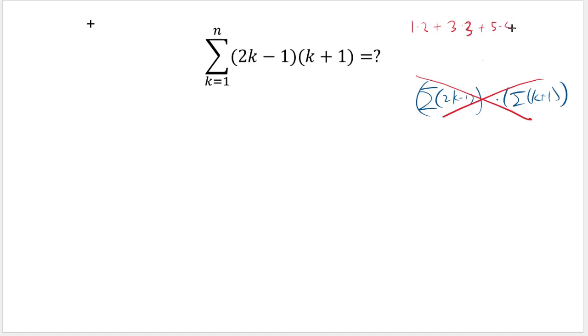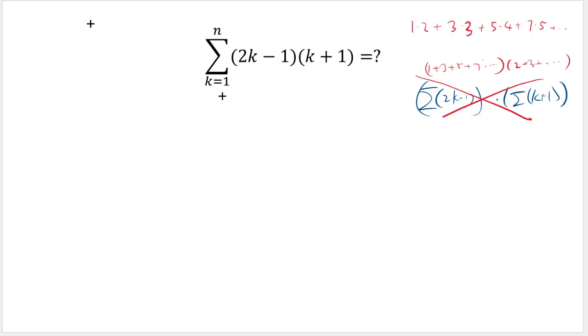And then 5 times 4, and then 7 times 5, and so on. And that's definitely different than doing this, which is 1 plus 3 plus 5 plus 7 times 2 plus 3 plus, see, because if you expand this, these are not the only things that you get, you get a lot of the other ones too, right? So you should be convinced that you can't do that, which is very important. Not only do you need to know what's possible for a sigma notation, you also need to know what's impossible.